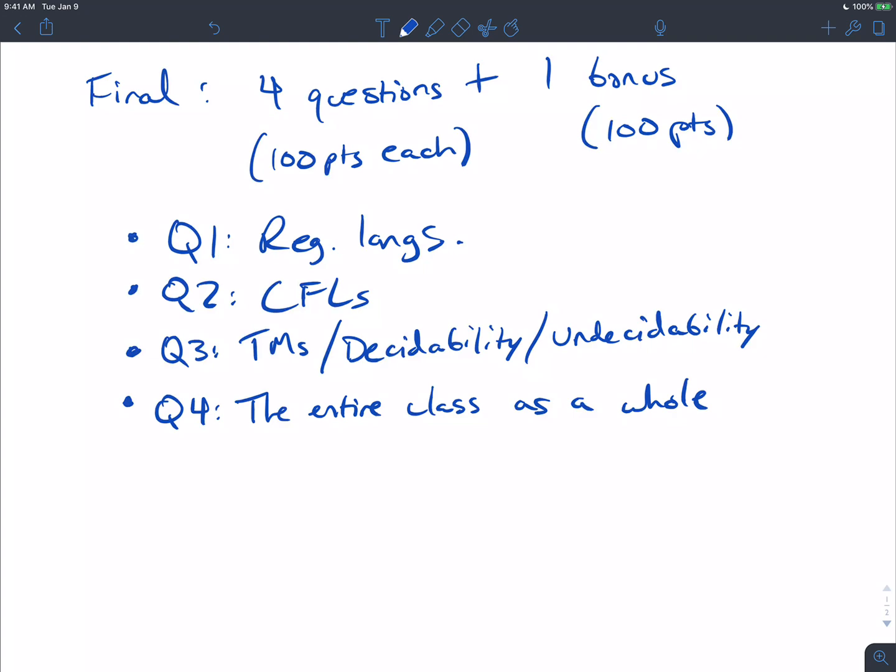Those are the types of questions that I want. Those are the things that really test: do you understand the material at least at a high level? Do you understand the relation between these core concepts and why they're important? Those are the things that I care about more. Who cares about the details of some proof?